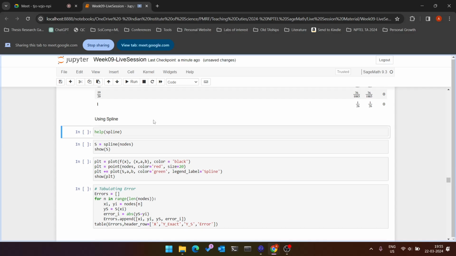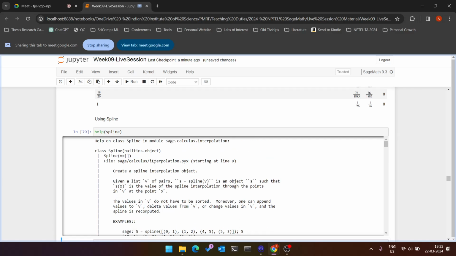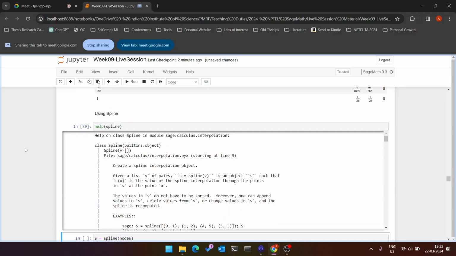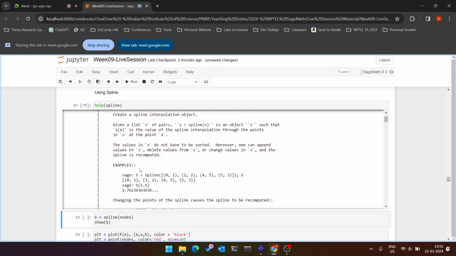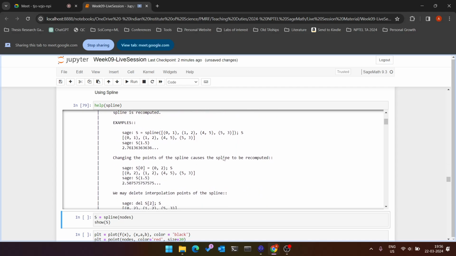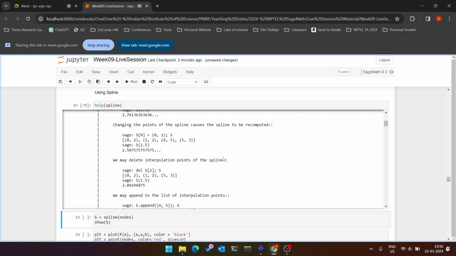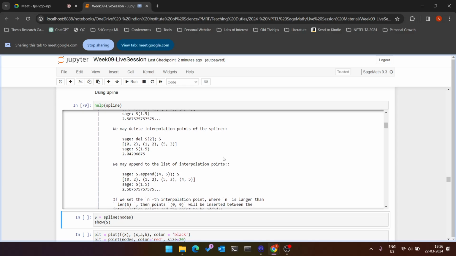So if I run a help on spline, I see that it only requires a set of pairs which do not necessarily need to be sorted, and you can add or delete point pairs from the spline.